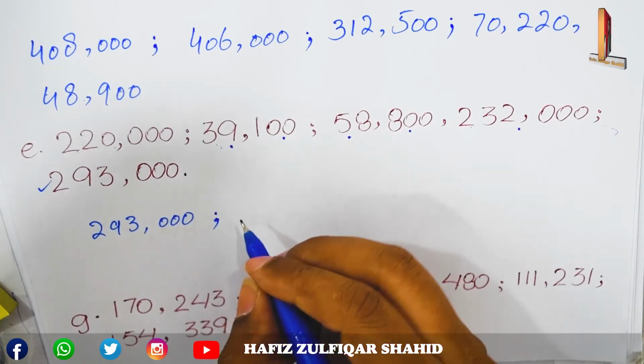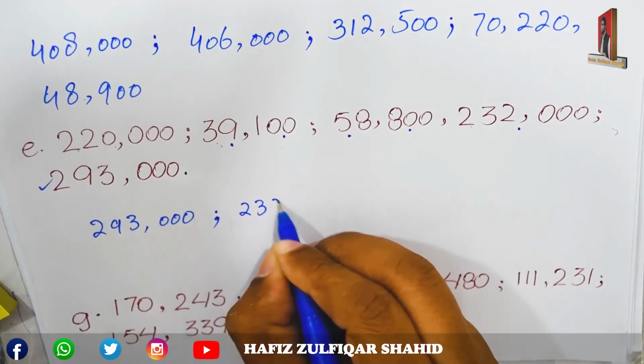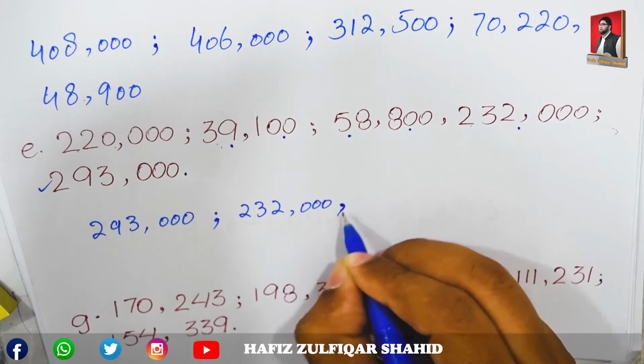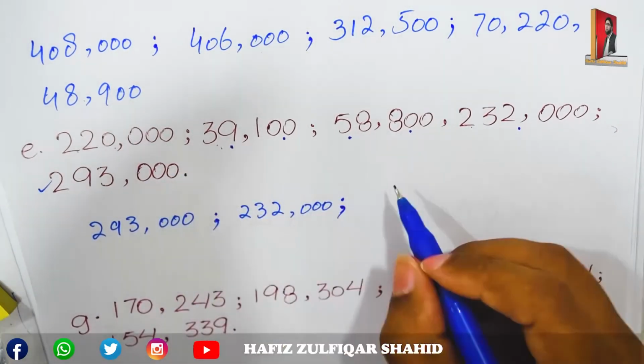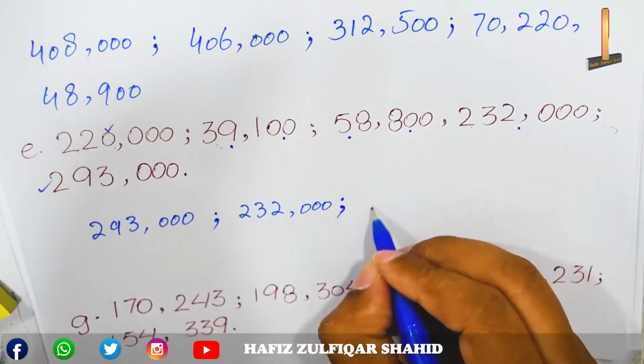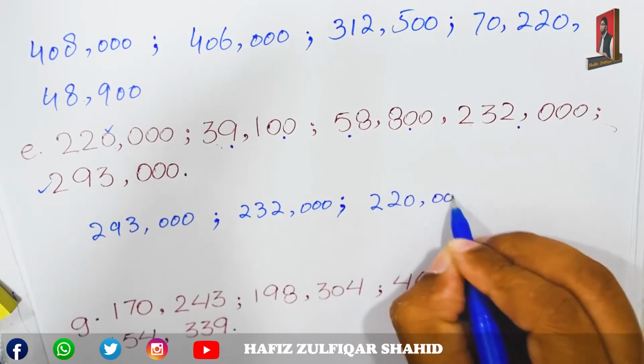Second largest is 232,000. Now pick the third largest one, and it is 220,000.